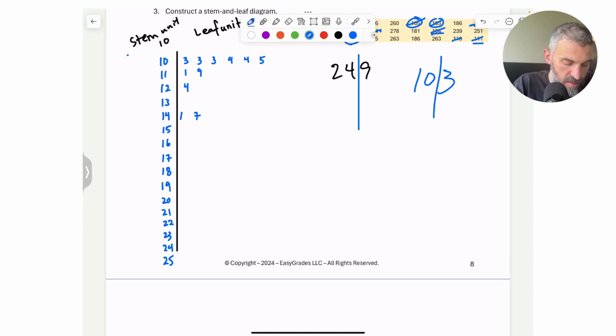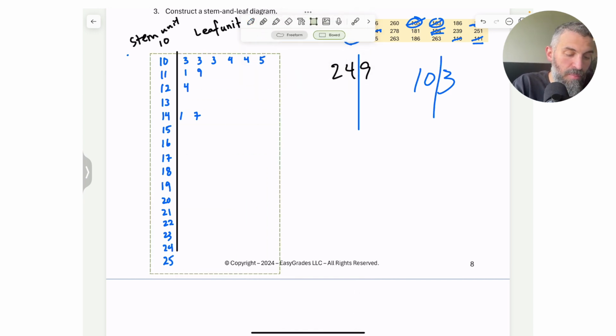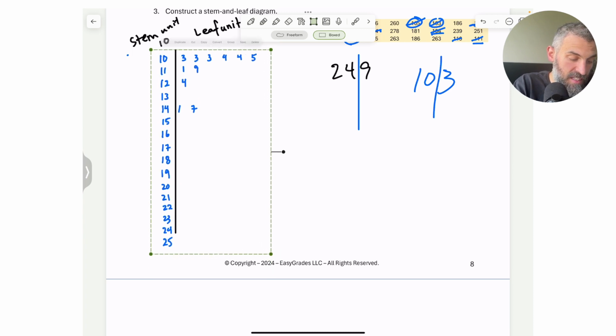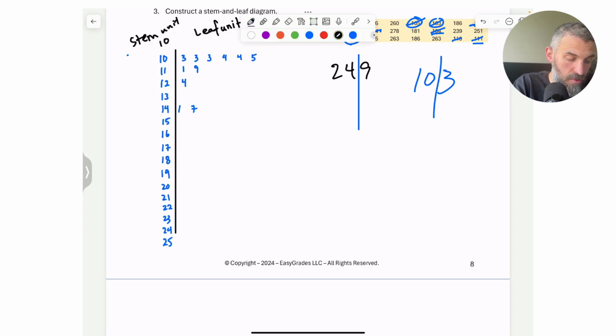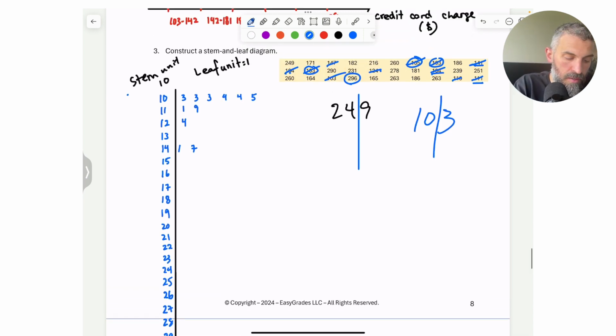I may have to slide it up a little bit, 25. And I'm going to end up having exactly 20 categories. Now that's fine, but you typically don't want to go more than that. I'll explain after what to do if you end up having too many categories. 26, 27, 28, 29. It's going to spill into the next page, but that's okay. And I'm stopping at 29 because I need to stop at my last number.